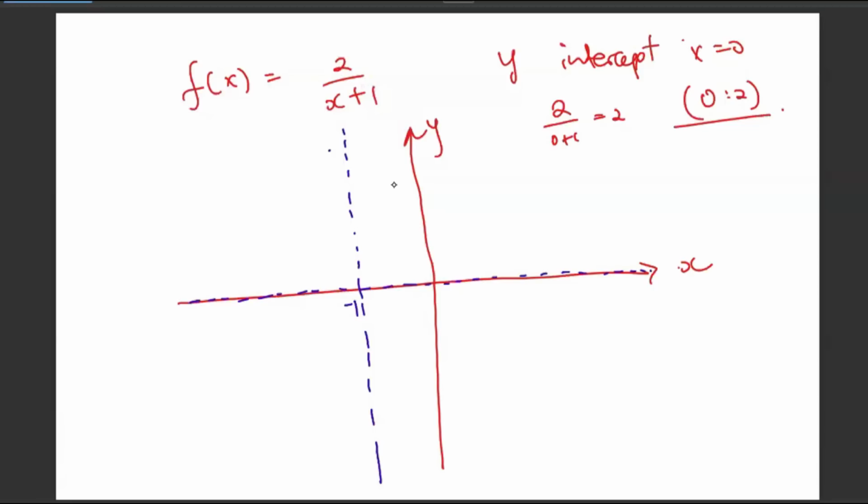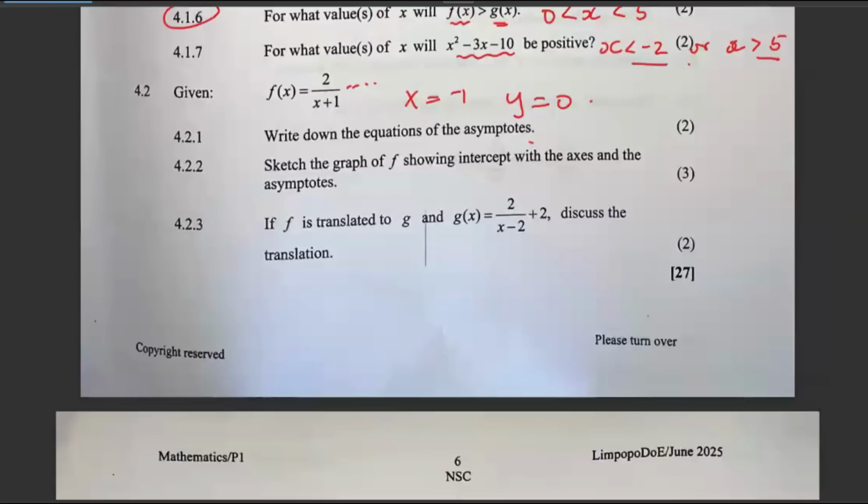So 0 and 2, this could be our 2, meaning that the graph must pass somewhere there towards the asymptotes. And then the other arm must definitely be within this quadrant. So just draw there. You don't need any coordinates. It's just a sketch, remember? So we need the 2, we need the -1, and then the asymptotes. Done for 3 marks.